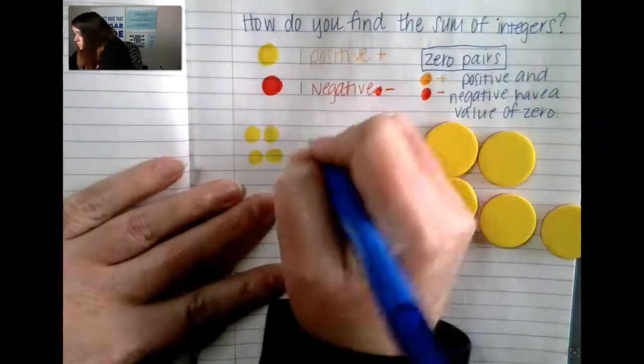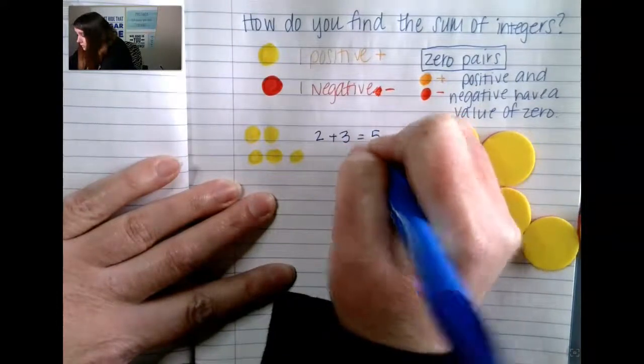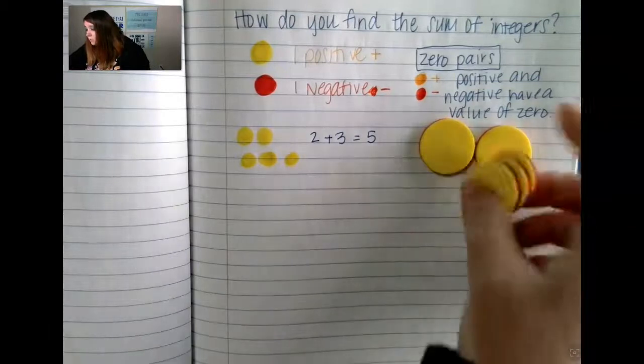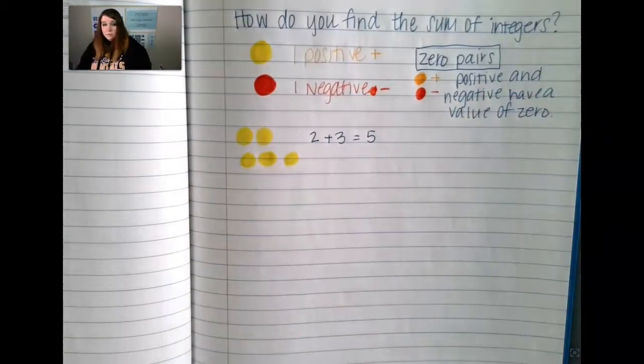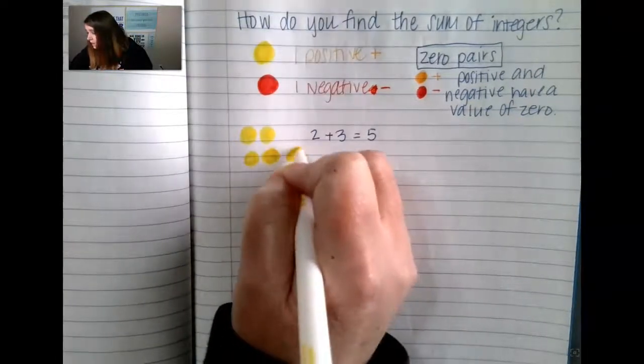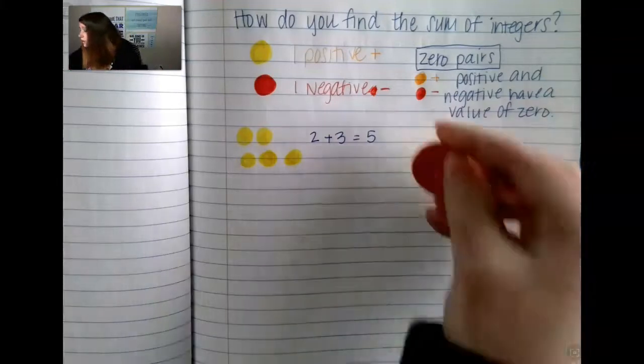So 2 plus 3 equals 5. Now you can see already that this is like a normal everyday addition problem. So let's do one that now has some negatives in it. So let's say that I have -2.